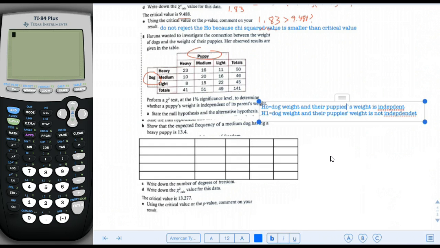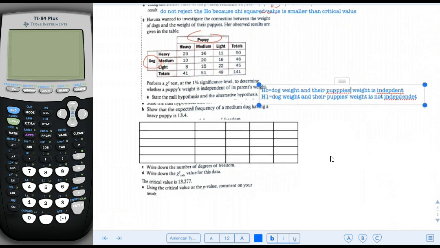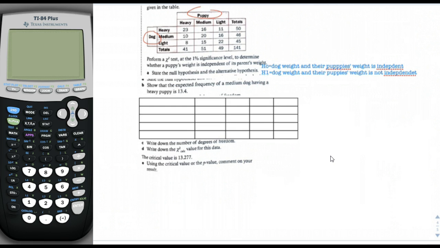Show the expected frequency of a medium dog having a heavy puppy is 13.4. Okay, so to do this, we choose medium dog and heavy puppy, and then we're going to multiply those subtotals together.